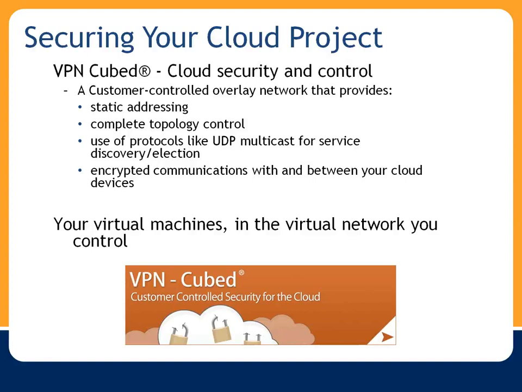You want to be able to use common enterprise services like UDP multicast for service discovery, service election. And you do want to make attestations that you independently have the ability to deliver, deploy, and configure control devices of your own.